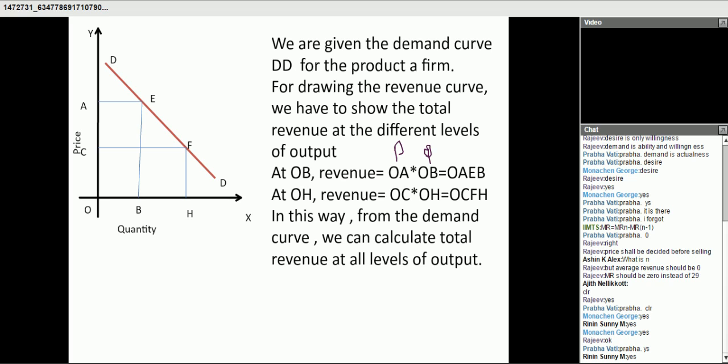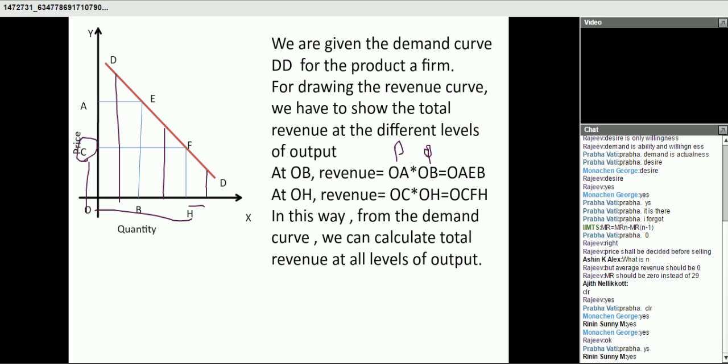Similarly, if we talk about OH units, then at OH units the price per unit has come to C. So it will be OC into OH, that is OCFH. In this way, from the demand curve, we can calculate the total revenue at all levels of output, for any unit of output, even for higher units.